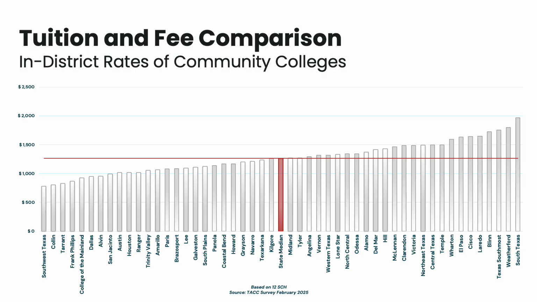That was the last updated information, and it typically updates in the spring of every year. So this just shows you where the state median is for in-district rates for tuition and fees. It's around $1,250 approximately, give or take, compared to all the rest, when you're looking at it across the board.